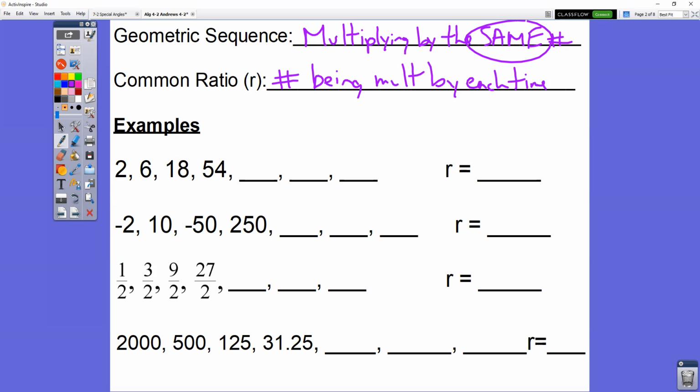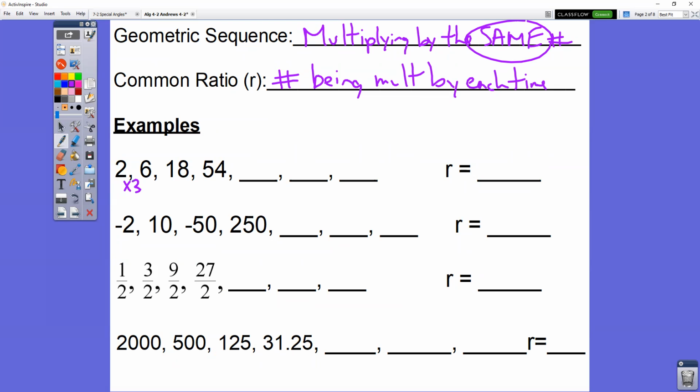So some of these are easy. Some of them are a little bit more complicated, all right? So if we have 2, 6, 18, 54, how do you get from 2 to 6? How do you get from 6 to 18? How do you get from 18 to 54?